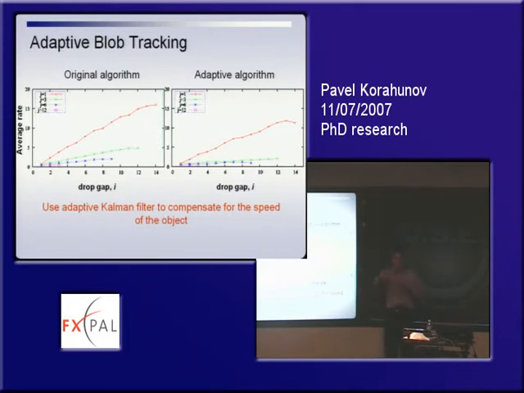Knowing this information, we use the adaptive Kalman filter to compensate for that jump in speed and jump in width. When we do that and run this algorithm again, we can see that the angles go down.